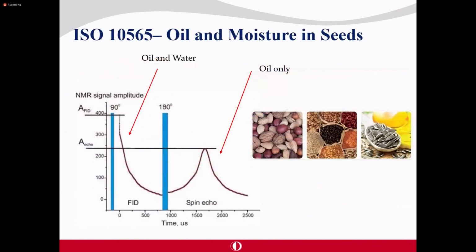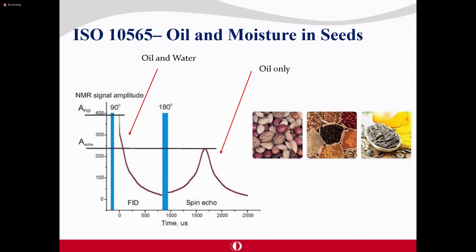We can measure oil and moisture content in dry products like in seeds. And in order to measure oil and moisture content, for instance, in sunflower seeds or in any other seeds that you can think of, we can measure oil and moisture content.